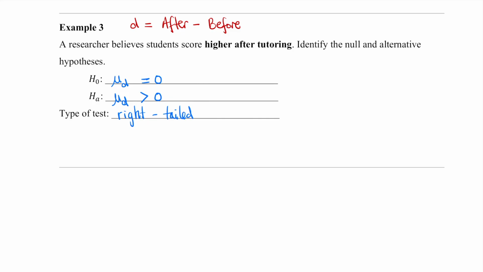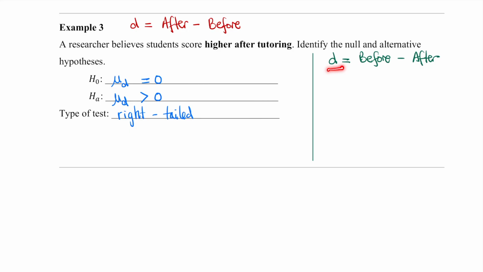Now, let me point out something important. Some textbooks or instructors define the difference as before minus after. If they do that, the difference would be negative when tutoring improves scores.